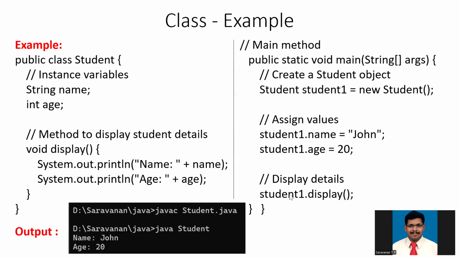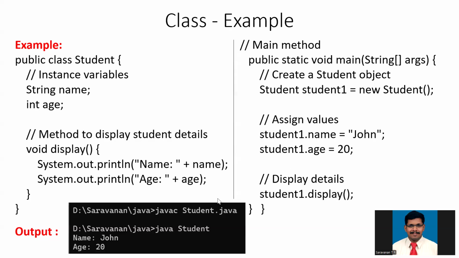Display details means that the display function is called, because the object is used for accessing the variables and executing the functions available inside the class. student1.display, this display function will be executed and the stored values John and 20 will be displayed.